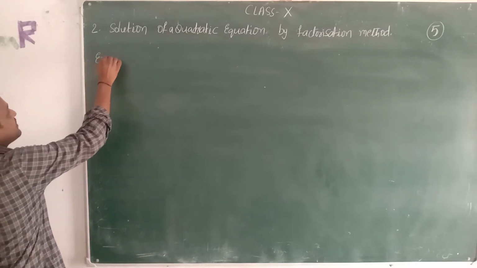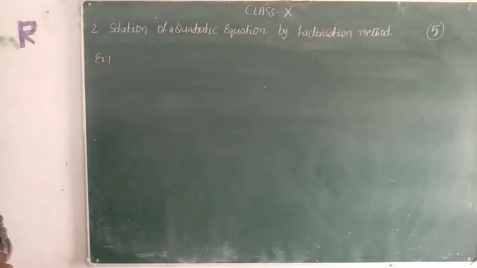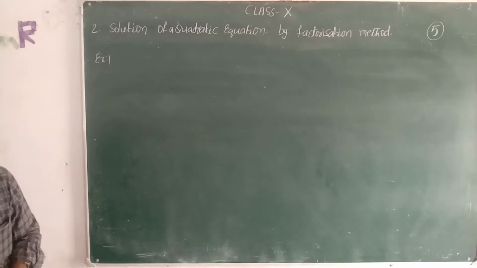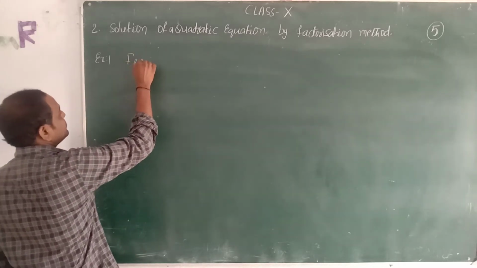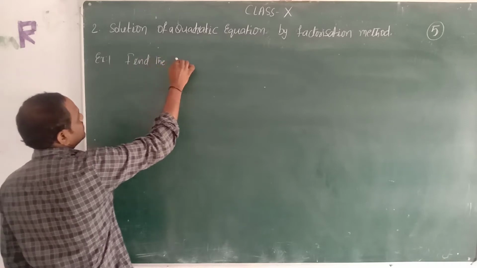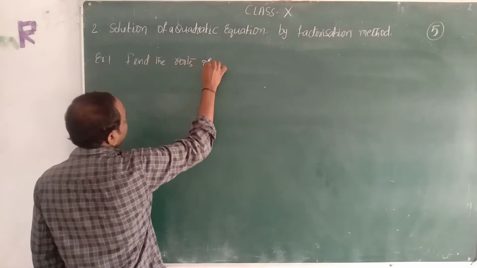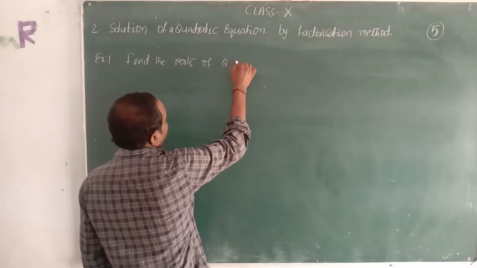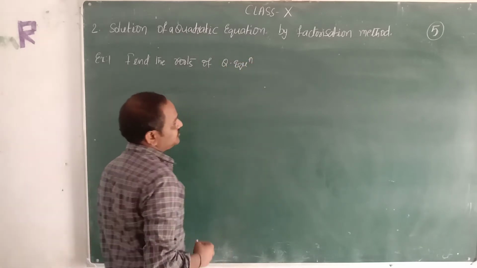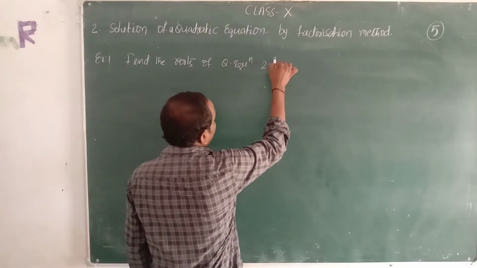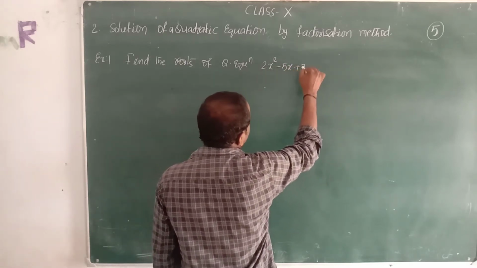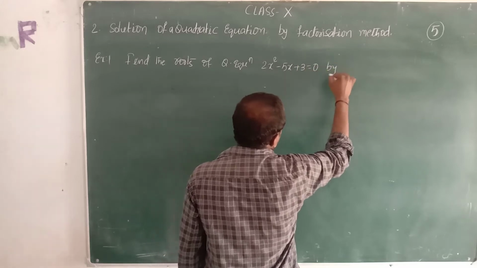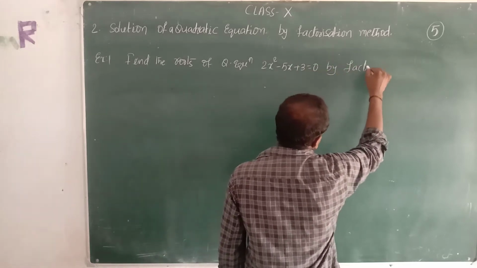So take example 1. Here he asked us, find the roots of the equation. First question, find the roots of the quadratic equation 2x square minus 5x plus 3 is equal to 0 by factorization.